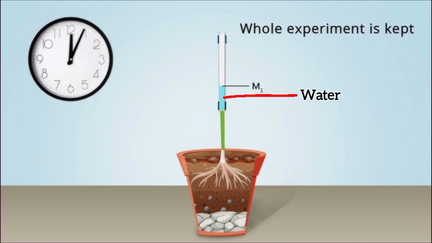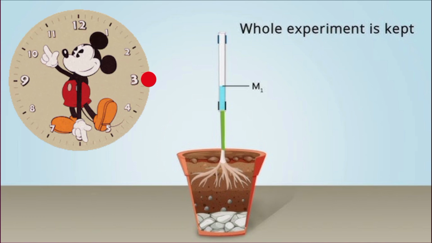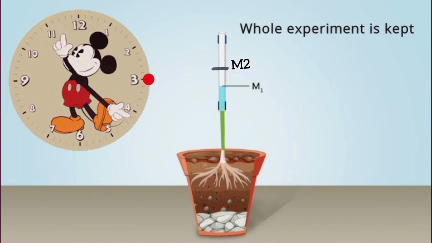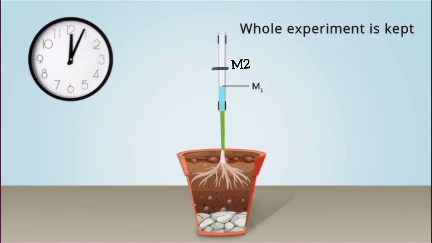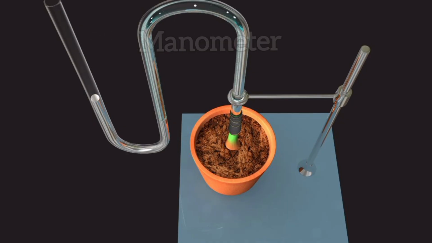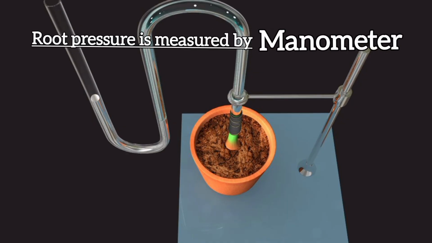Pour some water in the glass tube and mark the level as M1. Leave the setup for 3 hours and mark the increased level of water in the tube as M2. The increased level of water is due to the root pressure. The instrument used to measure root pressure is the manometer.